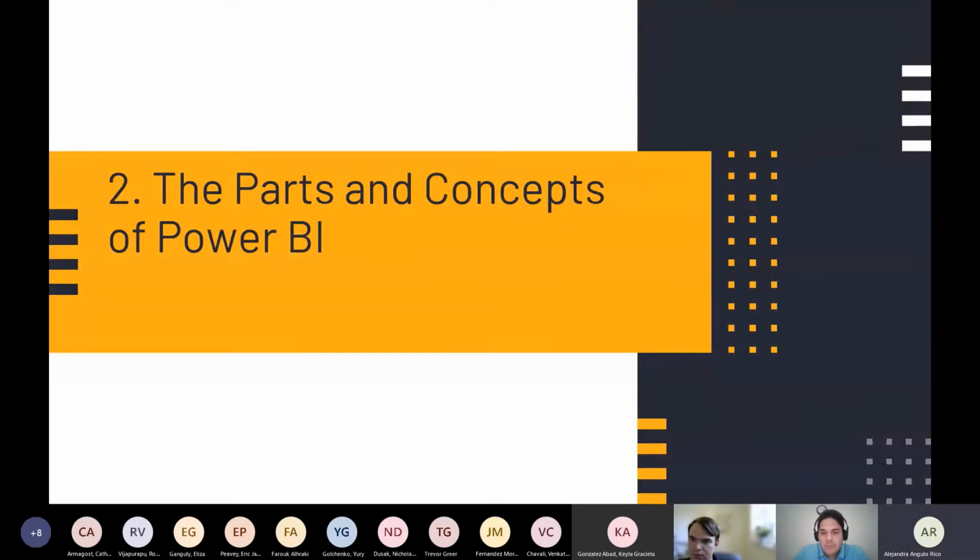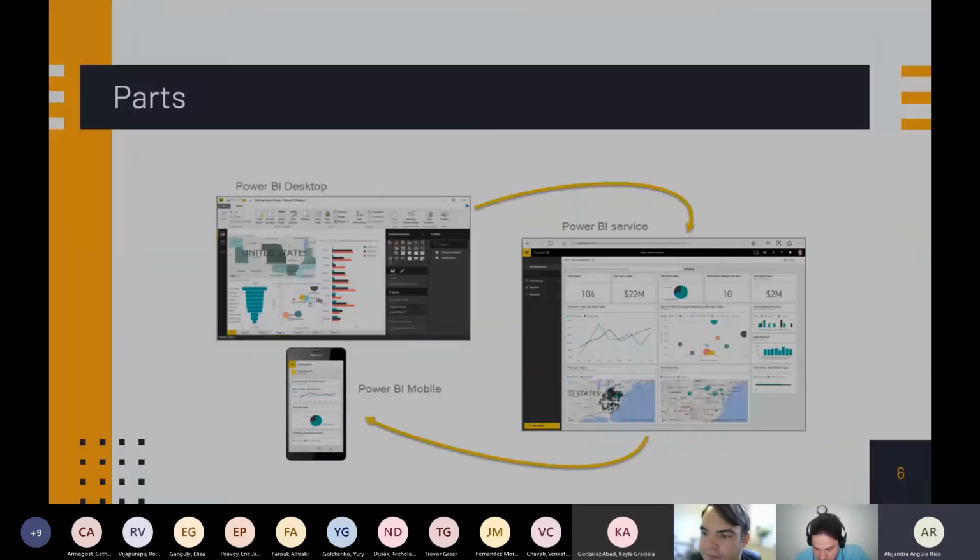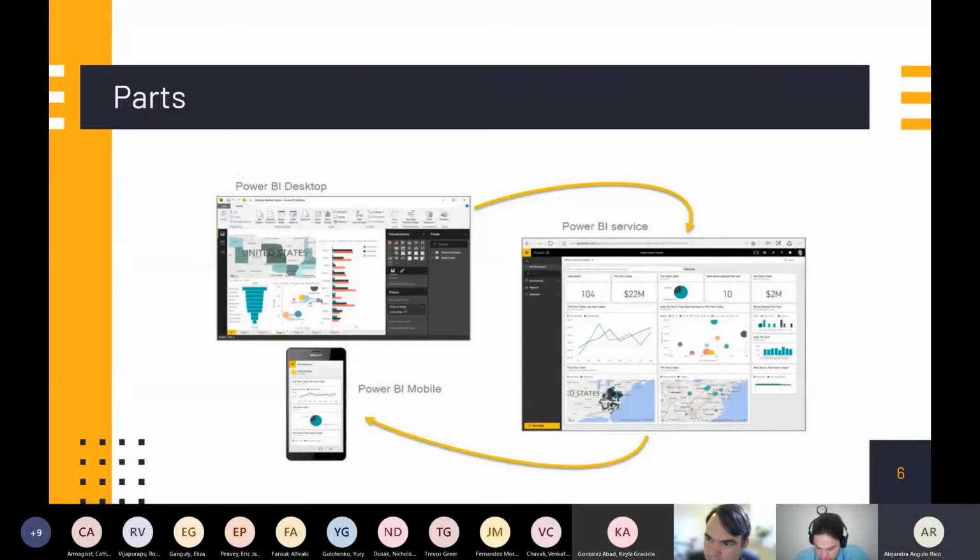But what are the parts and the important concepts of Power BI, or the jargon of Power BI? So Power BI consists of a Microsoft Windows desktop application, then we've got the software as a service called Power BI service, and we've got the mobile BI, well, the Power BI mobile.